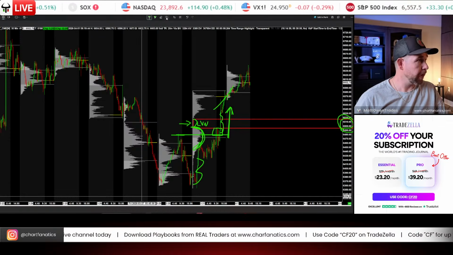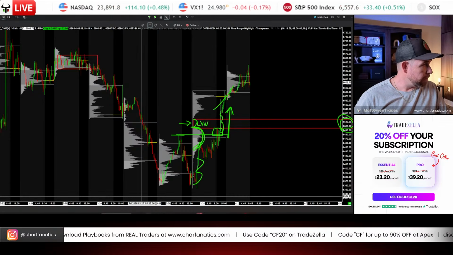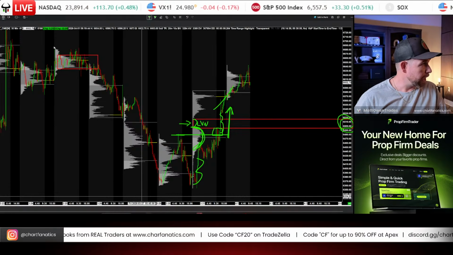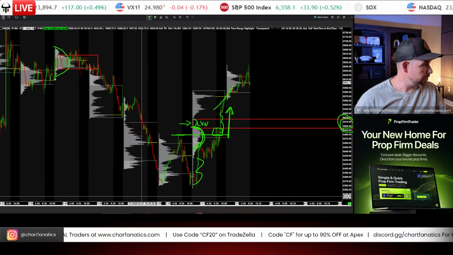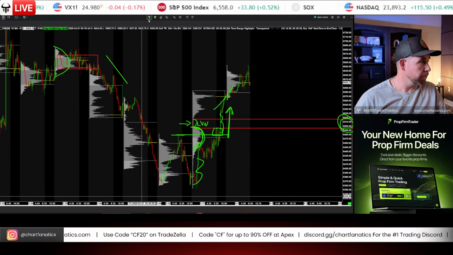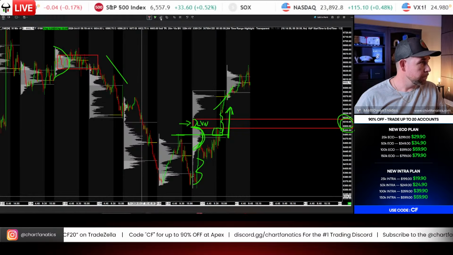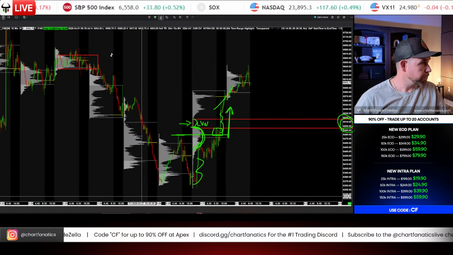Now to the upside, this was that supply area that I talked about, right? You can see all that volume here that had kind of a bell curve. The market was balanced here, and then we broke down aggressively from that. So I look at that as a supply zone. Let me do this in red because it's sellers, right?